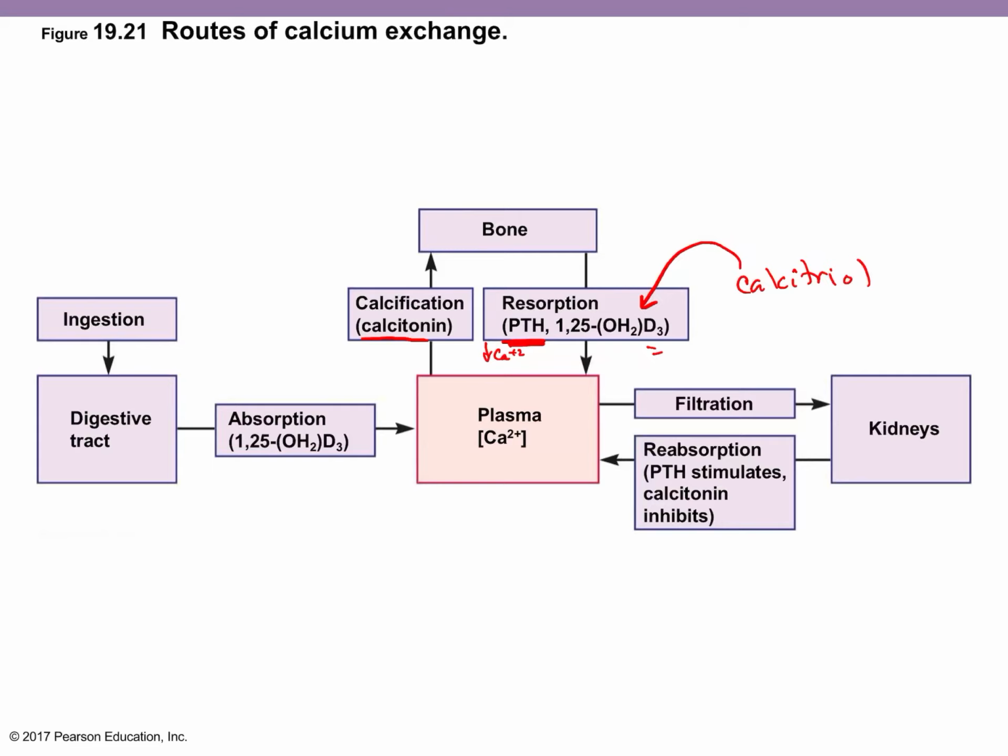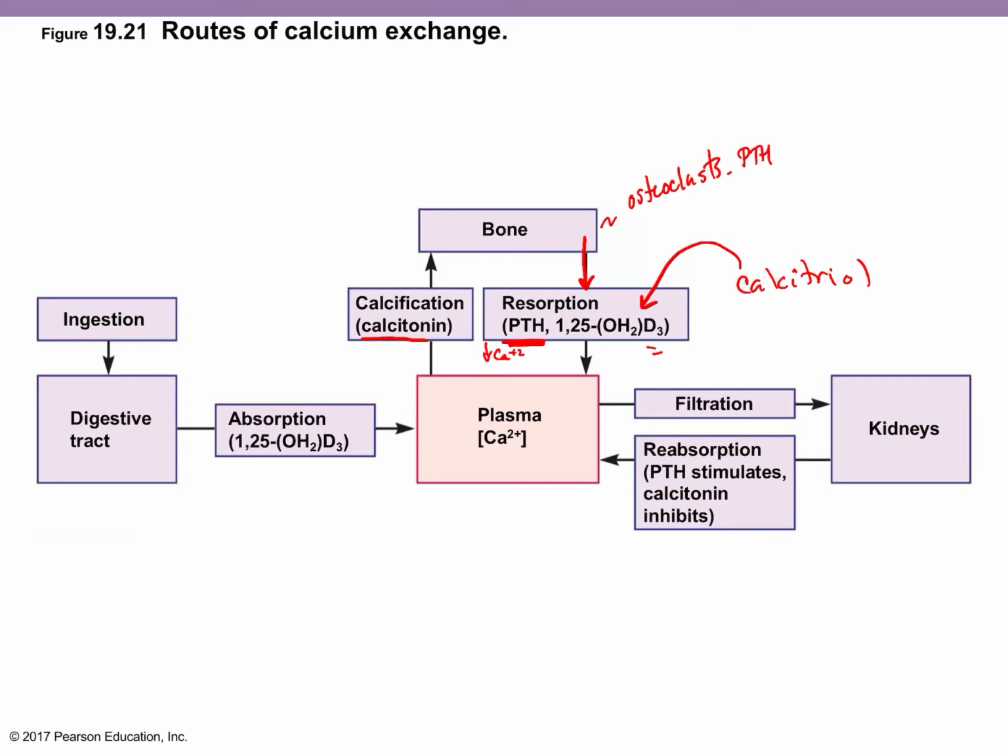It's going to tell your osteoclasts, right, from the bone to work harder to reabsorb the calcium from the bone. So your osteoclasts are activated by parathyroid hormone. They're going to degrade and get the calcium from your bone, put it into the bloodstream.